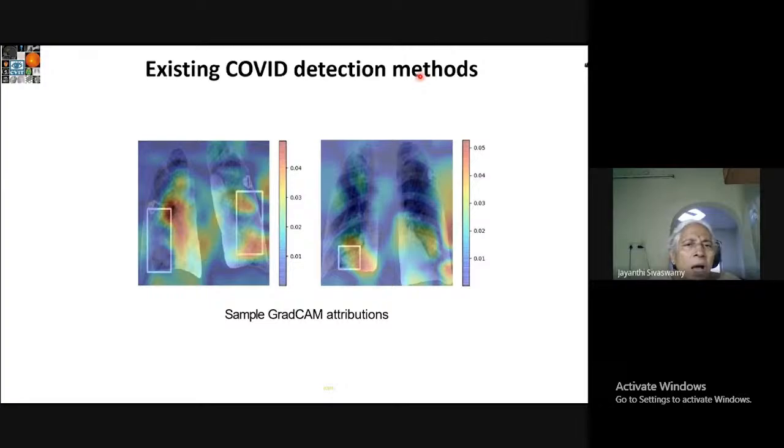Now, these boxes are basically ground truth provided by the trained radiologist. They say they took the decision because these regions don't look normal. Whereas in the heat map, red means the network found something is really wrong there, and blue means everything is normal. So let's understand what's going on.